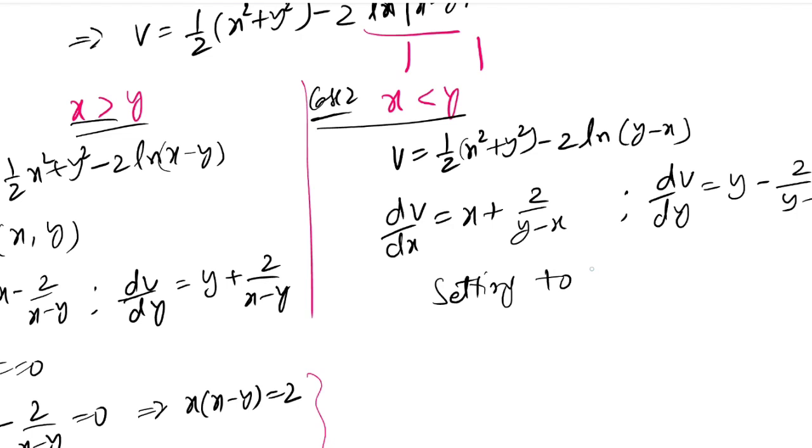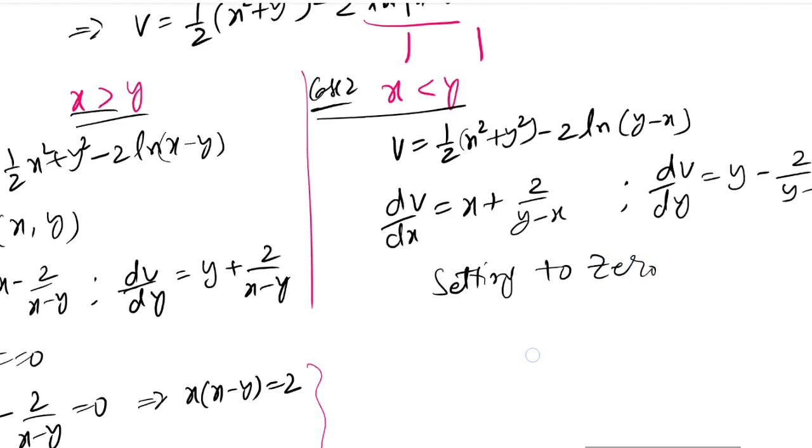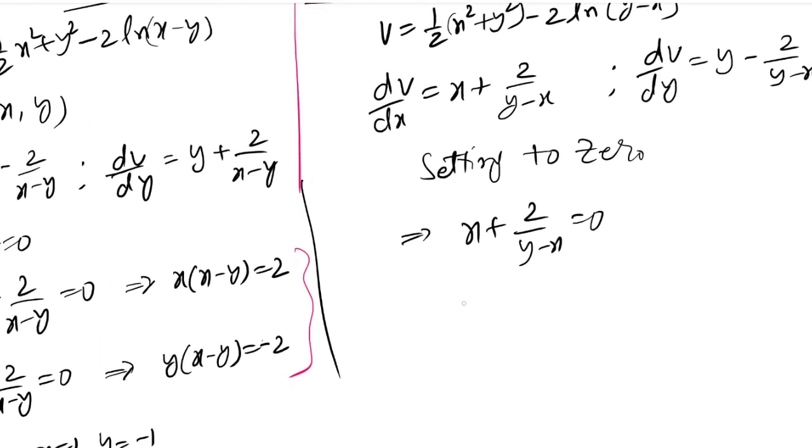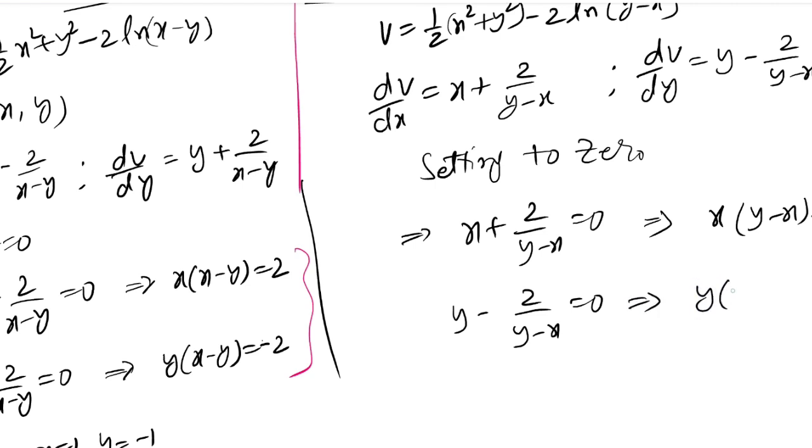we solve it. x plus 2 by y minus x is equal to 0, and also y minus 2 by y minus x is equal to 0. Okay, so from this you will get x into y minus x is equal to minus 2, and from here y into y minus x is equal to 2.